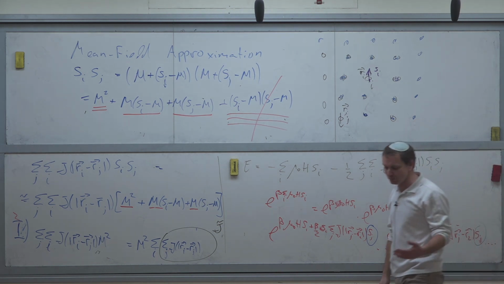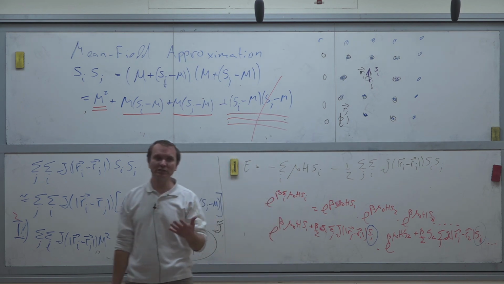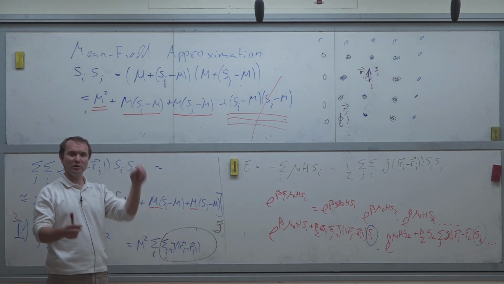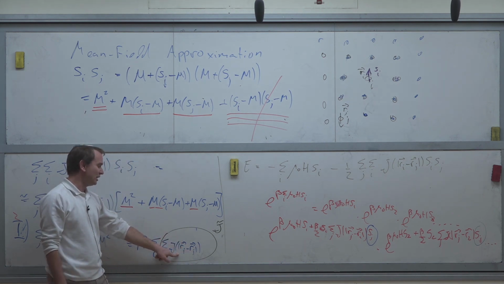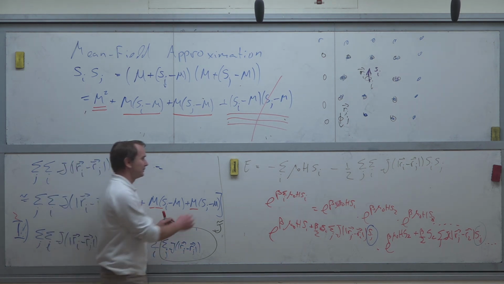Or I can assume periodic boundary conditions, so it doesn't matter where I pin my center. So this summation is independent of Ri.